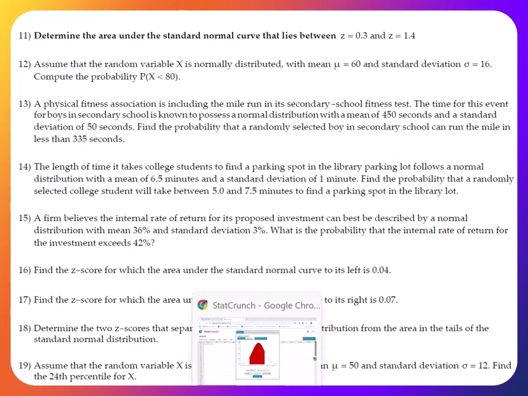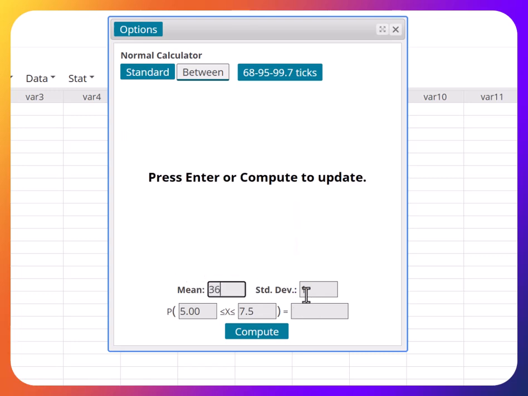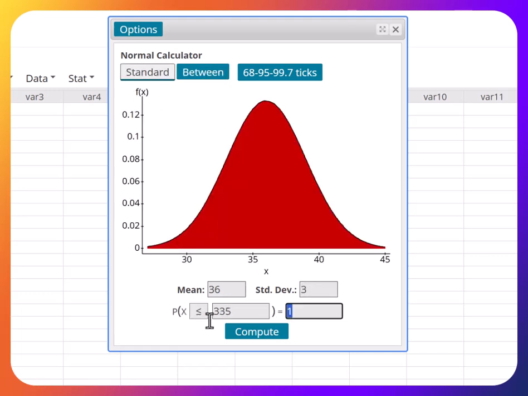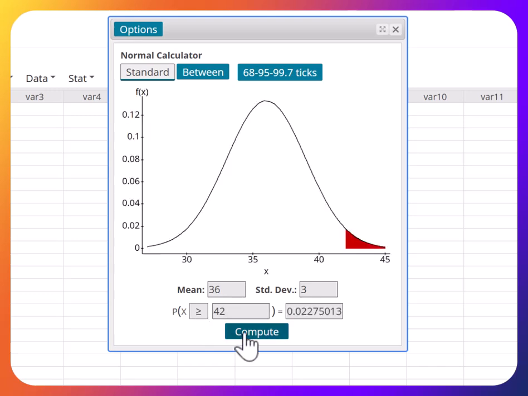You got the mean, you got the standard deviation, and you need a probability of x more than 42. 36, 3%. You can change it to decimal, or you can leave it like that as percent. That would be okay. And that's greater than, and put the 42 right here. And hit enter, and that's the answer.